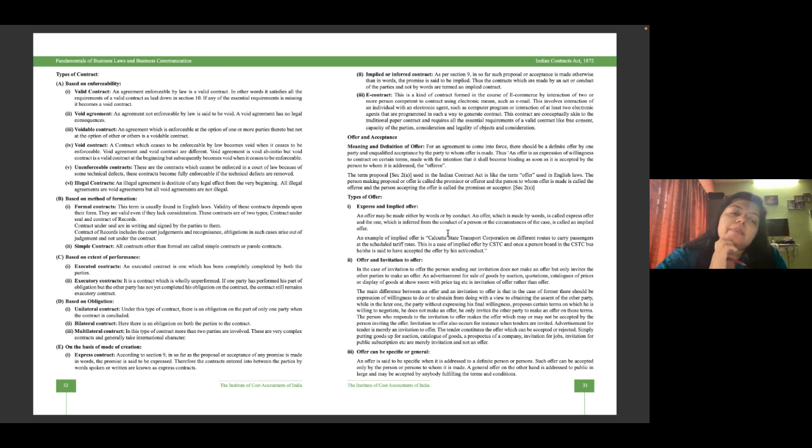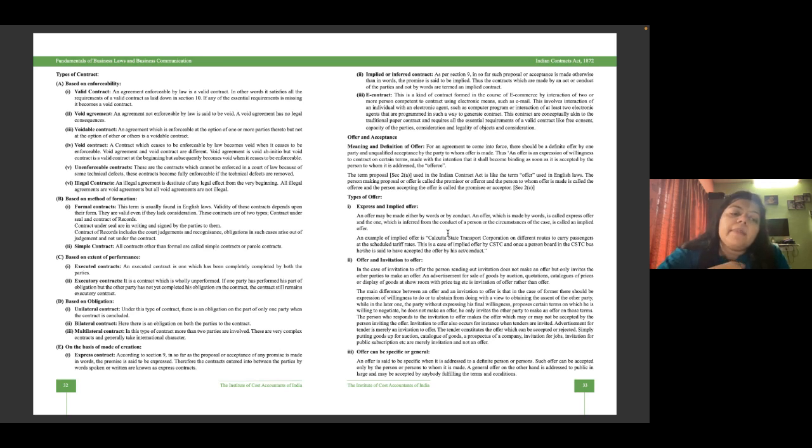The next is with respect to classification based on method of formation. When we talk about the various methods of formation of a contract, it could be on a formal contracts basis, or with respect to the extent of the performance, or based on obligations, or based on creation of charges. And finally, implied or inferred contracts, or e-contracts.